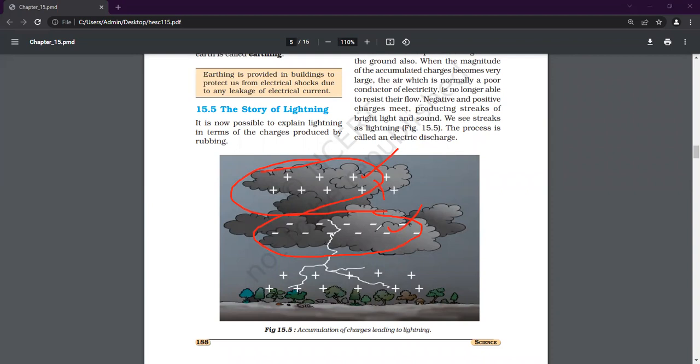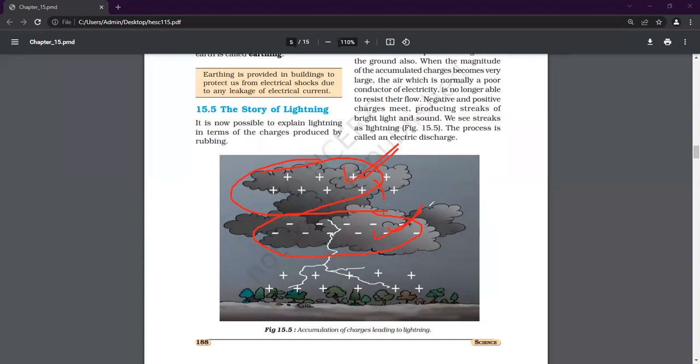So how do the clouds get charged? First question is this: how do the clouds get charged? And the second question is why the upper clouds get the positive charge while the lower clouds get the negative charge. First we will try to discuss the answer of the first question, how the charge is created.